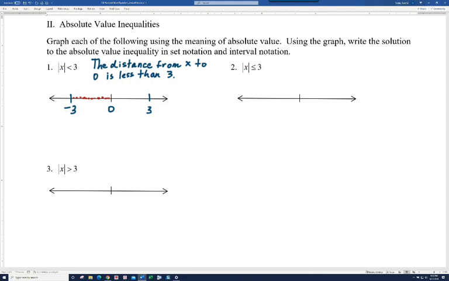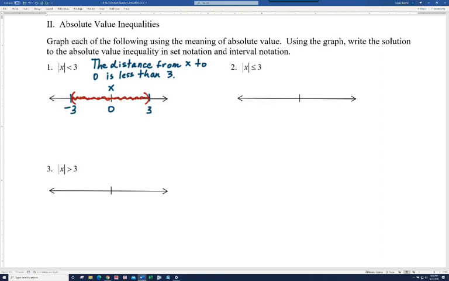And the same thing happens on the other side. All of these points are less than 3 units away from 0 on the number line. All right, so what does our graph look like? It looks like that. Basically, x is in here. That's what this expression is telling us. The absolute value of x less than 3 tells me the distance from x to 0 on the number line is less than 3. And all these points have a distance from 0 that's less than 3 units.